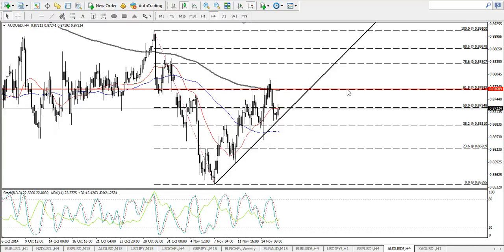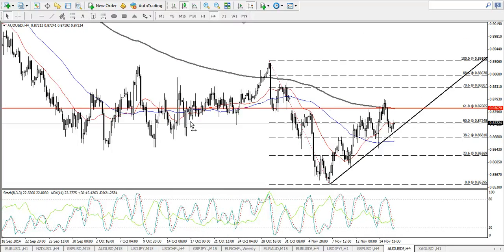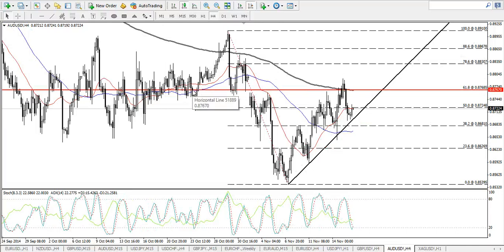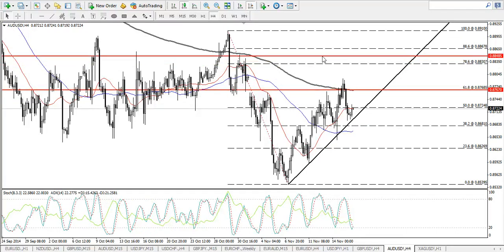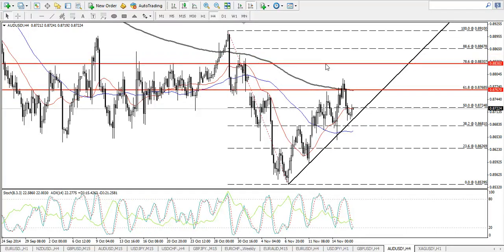So if you're going to go for the major trend, then we shall just wait for price to reach this level again to see if there's a setup to go for a short. If not, if it breaks further, the next level we can look at is the 78.6% retracement level, price of 0.8830.